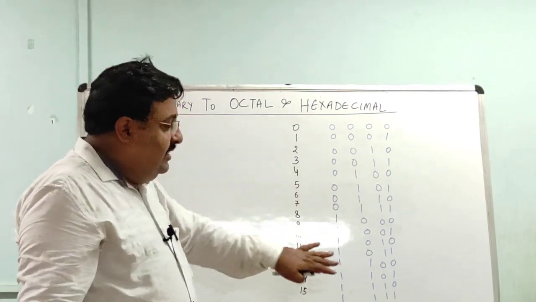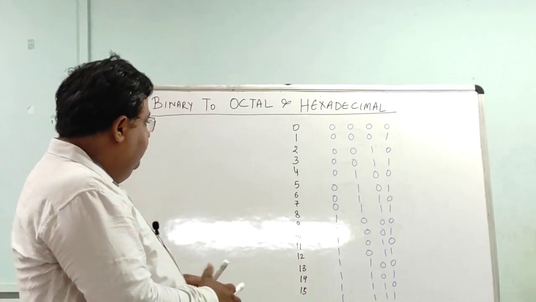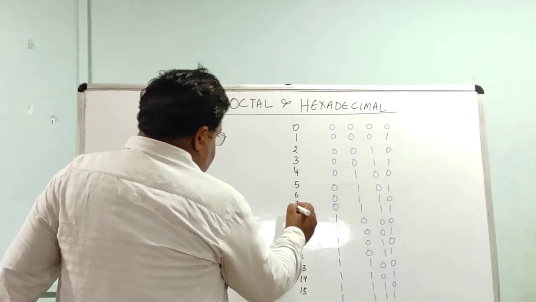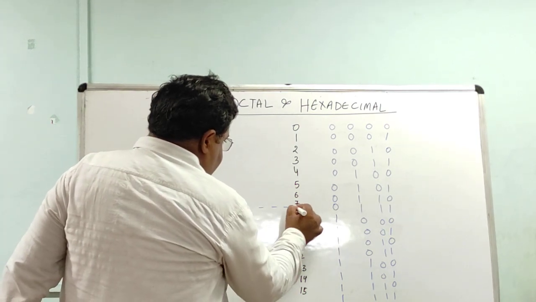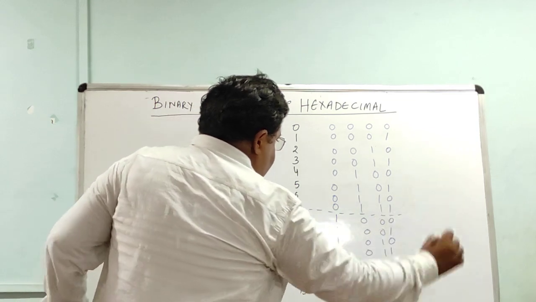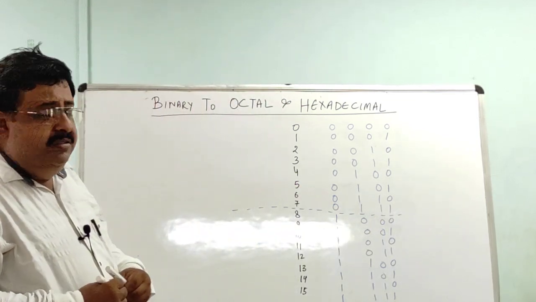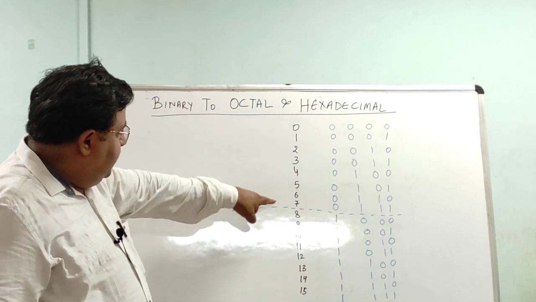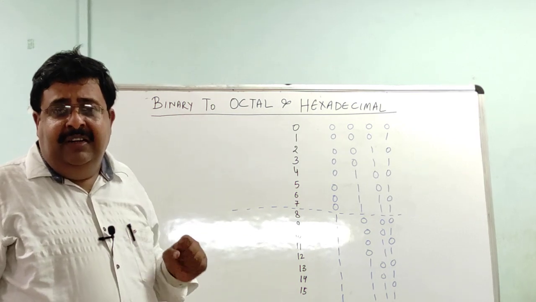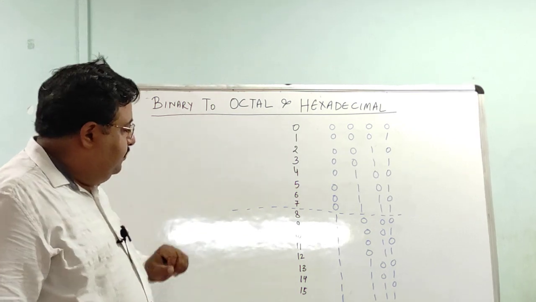Now, we are going to study this table. We can see that the octal number system, from 0 to 7, we are having the octal number system.